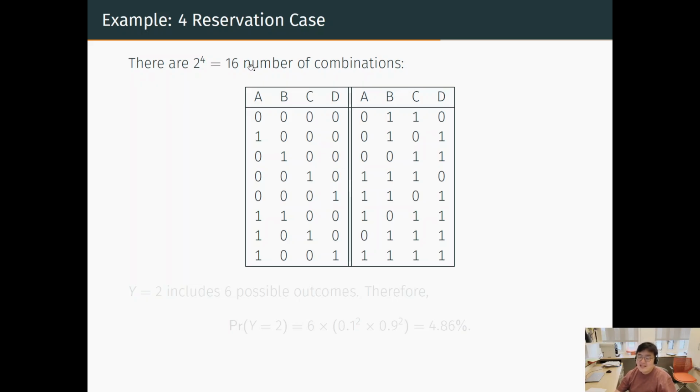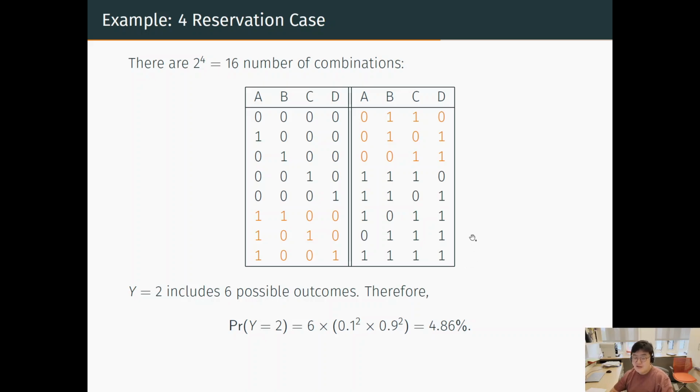There are 16 possible outcomes, because 2 by 2 by 2 by 2, there are 4 reservations. None is canceled, 1 canceled, and 2: A B, A C, A D, B C, B D, C D. These are the 2 cancellation outcomes, and then 3 cancellations and 4 cancellations. Then the result is 6.